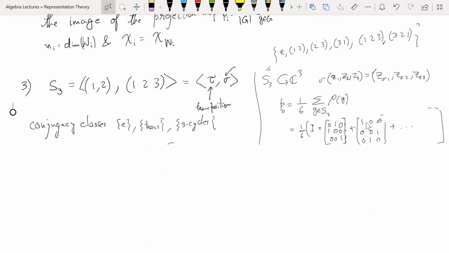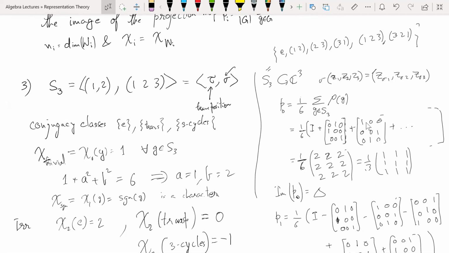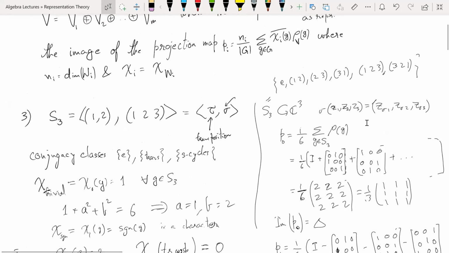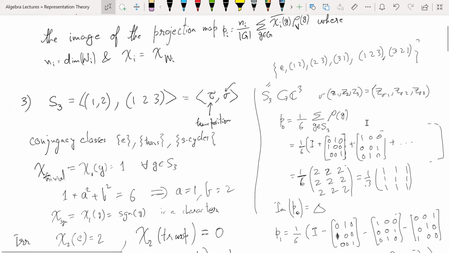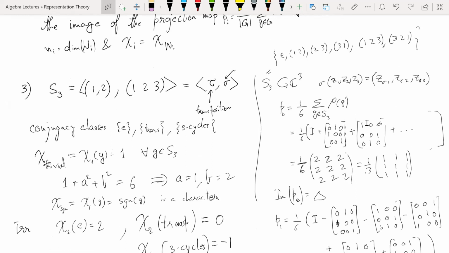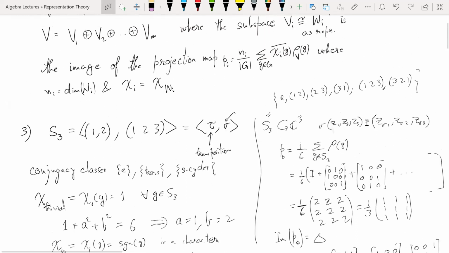So we will decompose it as V0, V1, and V2. We know that V0 should be one-dimensional, and we know what it should be. V1 should be 0, and V2 we know what it should be, as subspaces. So let's try to do it using this formula.